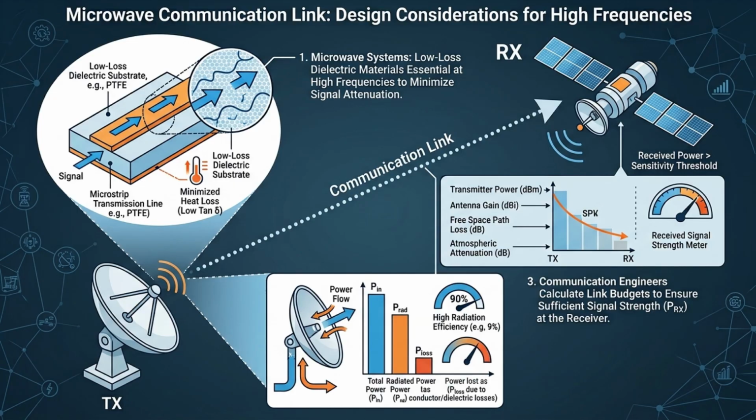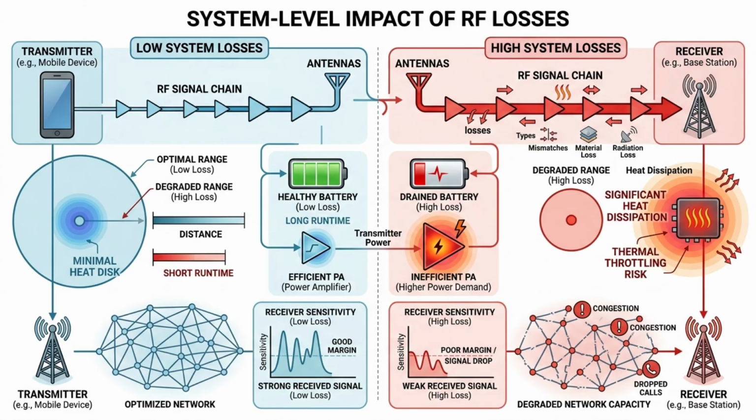Antenna designers strive to maximize radiation efficiency so that more input power is converted into useful electromagnetic energy. Communication engineers calculate link budgets to ensure sufficient signal strength reaches the receiver. At the system level, losses affect communication range, battery life, transmitter power requirements, thermal management, receiver sensitivity, and overall network performance. Managing losses is therefore one of the core objectives of RF engineering.